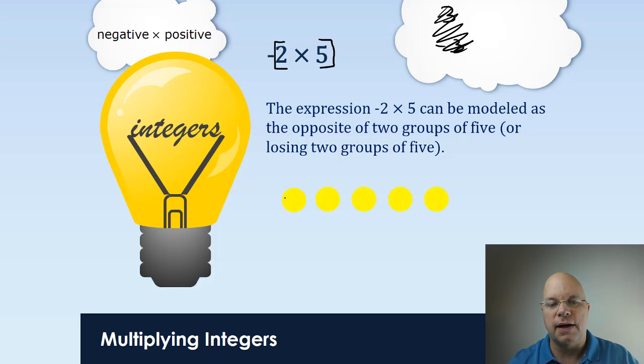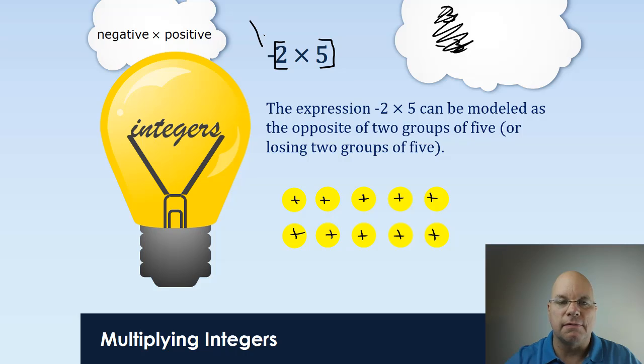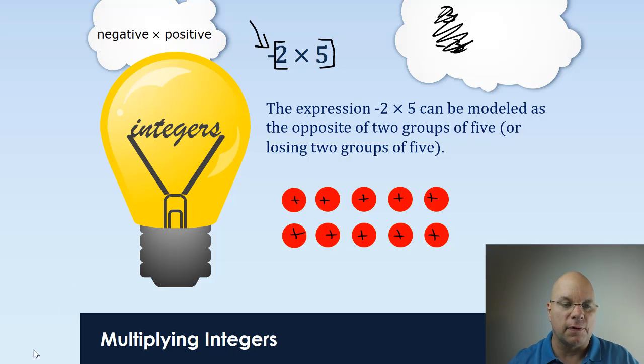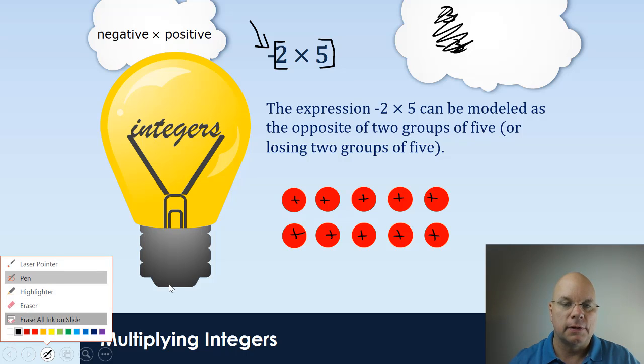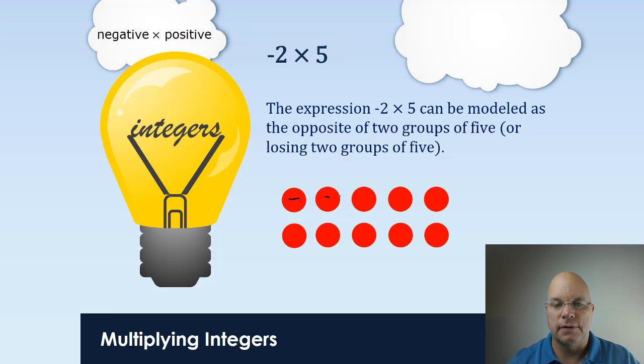So here's a group of positive 5, and here's another group of positive 5. But if I take the opposite of that, the negative of that, I flip them over, and now I have two groups of negative 5, or negative 10. So the opposite of two groups of 5 would be the opposite of 10, or negative 10.